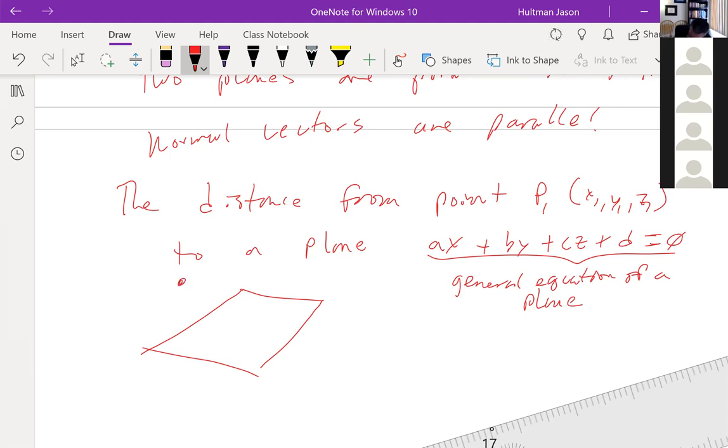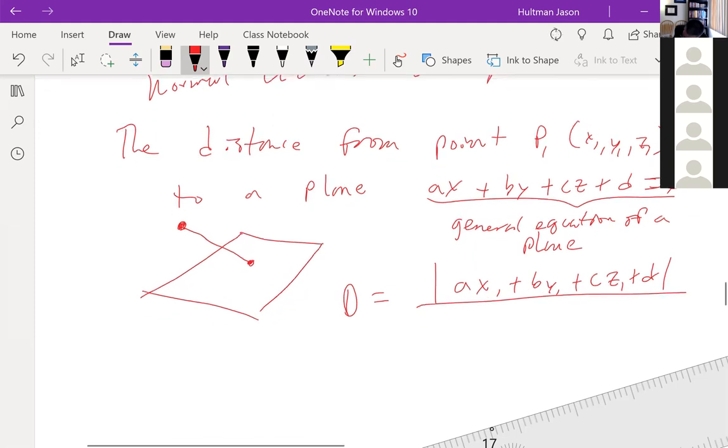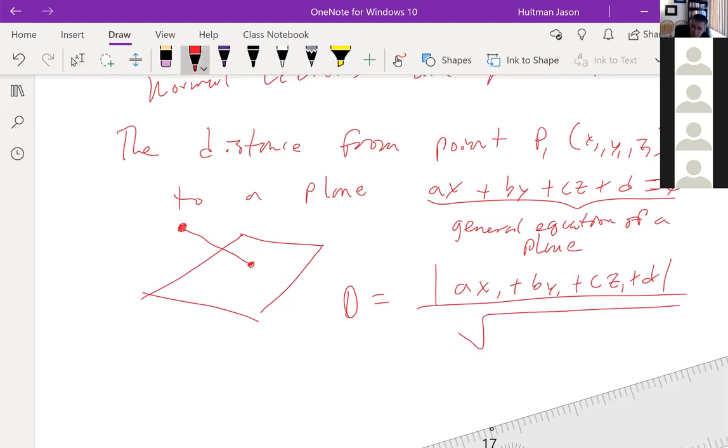There's a point out in space here, and we have this plane, and the shortest distance D is equal to the magnitude of A x1 plus B y1 plus C z1 plus D, the magnitude of that, over the magnitude of the vector with components A, B, C.